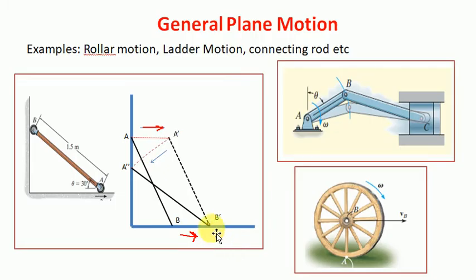Now after that, about center B dash, let us allow A dash and B dash to rotate in anti-clockwise direction. When we allow it to rotate about B, that means we are giving pure rotation. So this A dash will reach A double dash. So we can see we have reached the new position of the ladder. So this is how we can observe this as general plane motion.